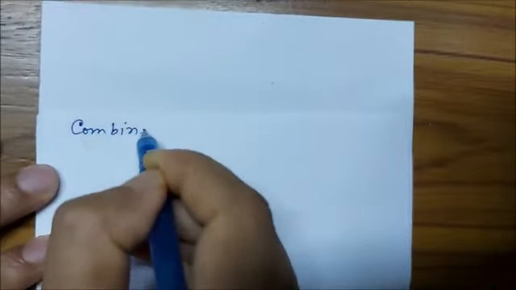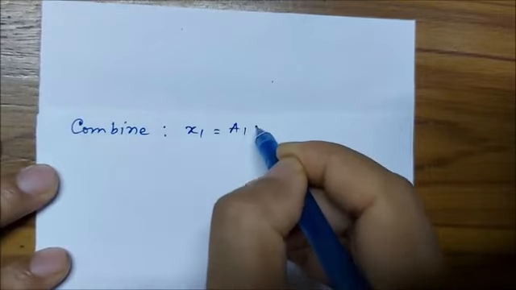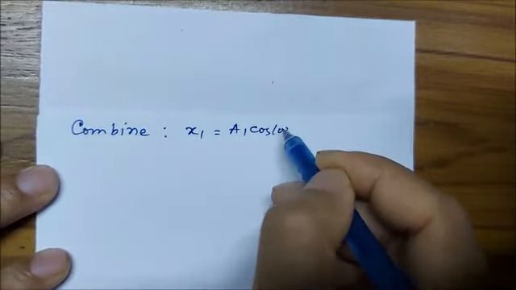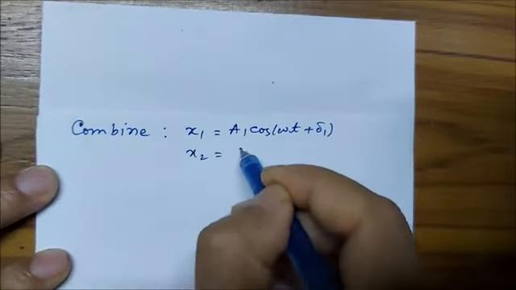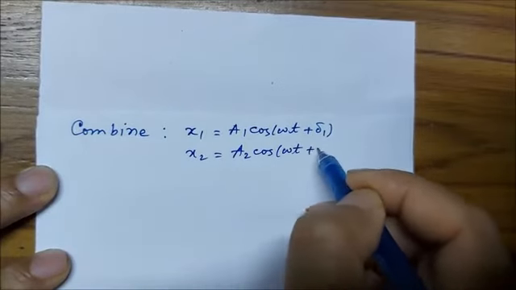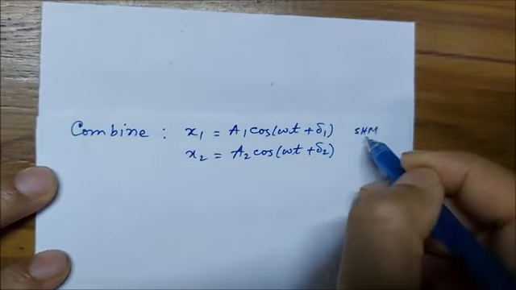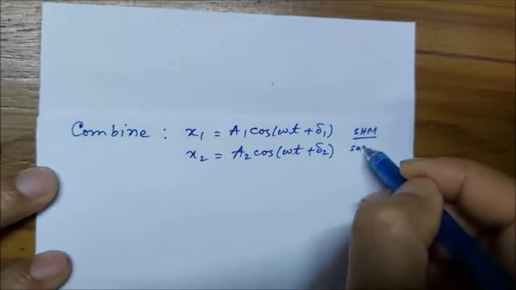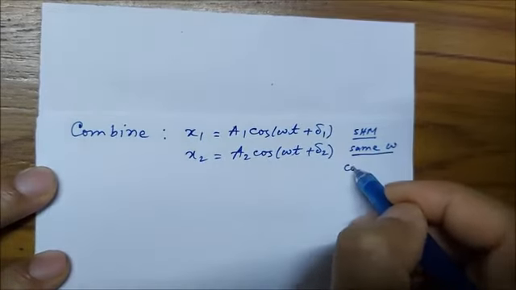We come to the next problem. Combine x1 and x2, which are simple harmonic motions, have same frequency, and they are collinear.